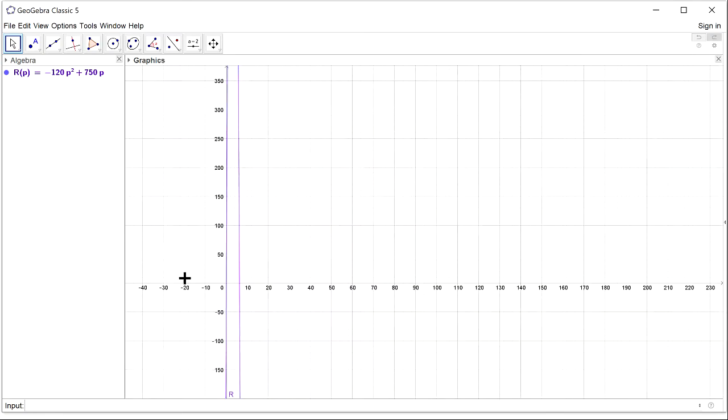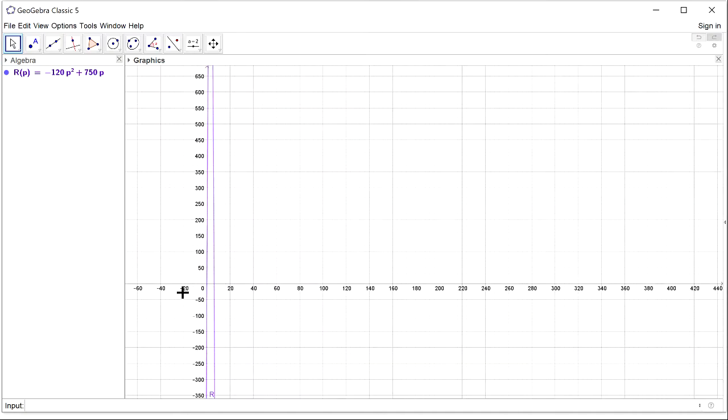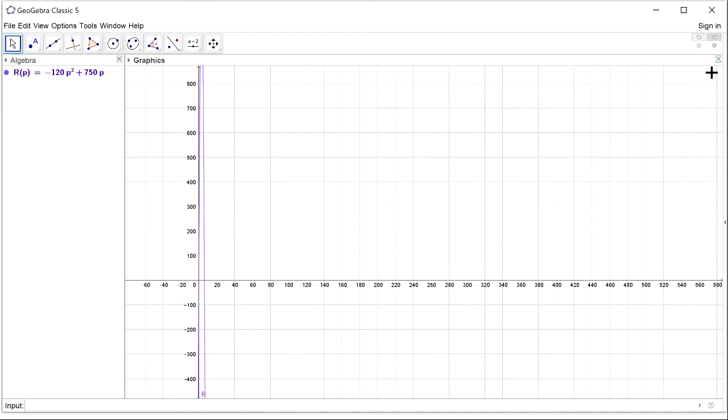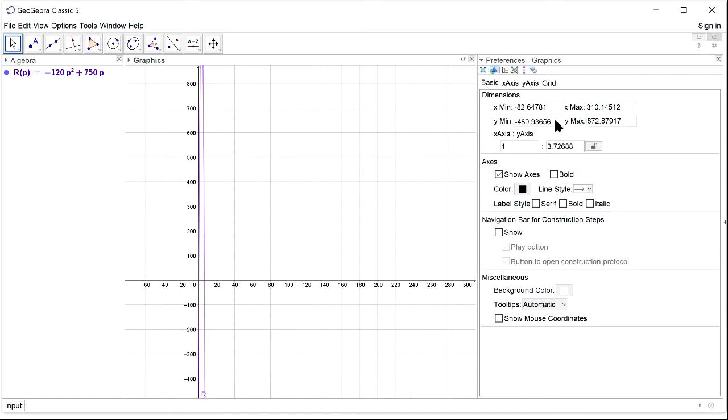Just to give us a perspective and find a starting point, I'm going to change the graphics so the y value starts from 0. Remember, our y value represents the revenue, the amount of money you take in, so we don't really want to look at the negative values.